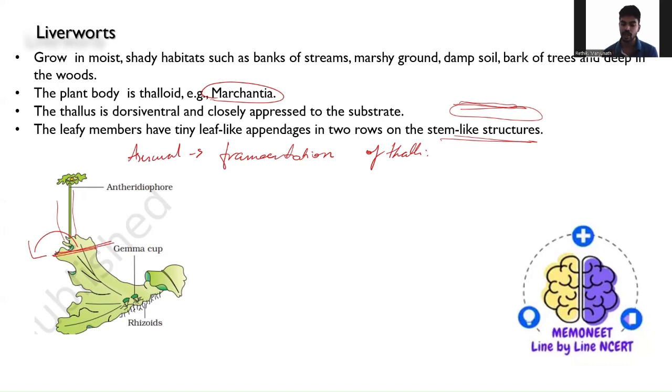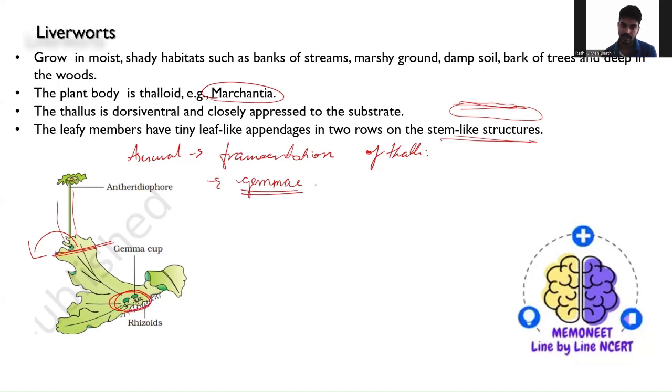That is one method. Or it happens by the formation of a specialized structure called gemmae. Can you see here the gemma?